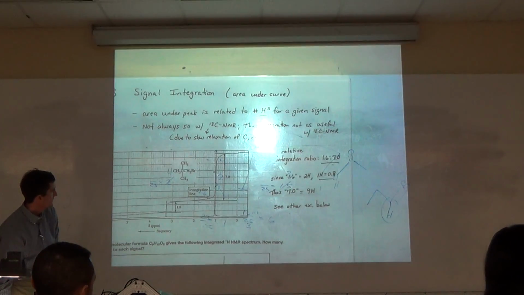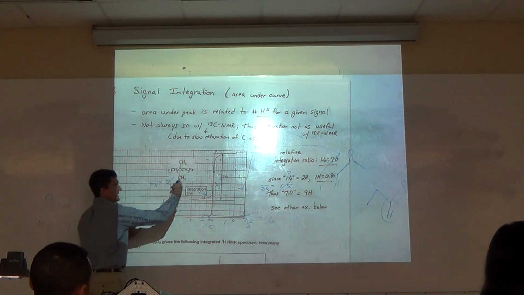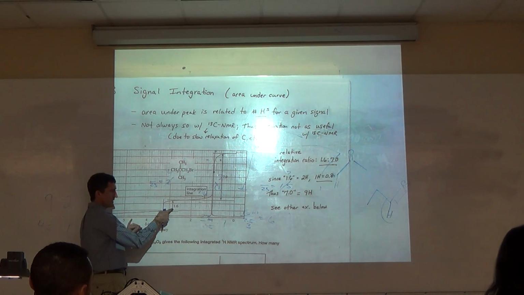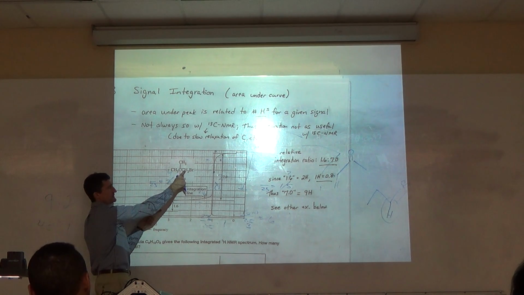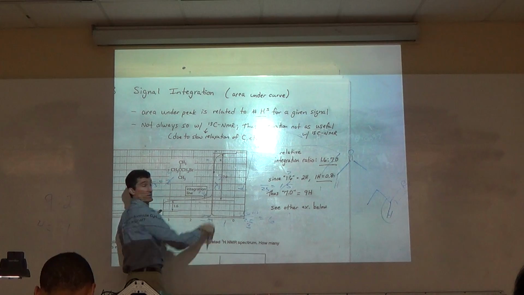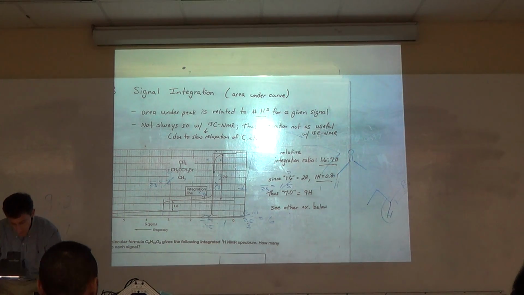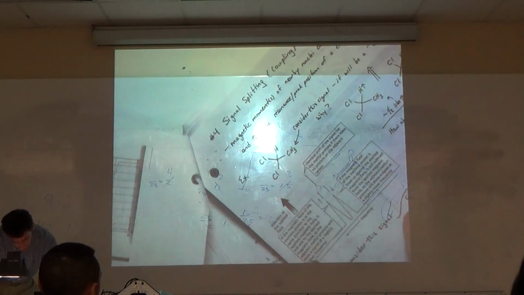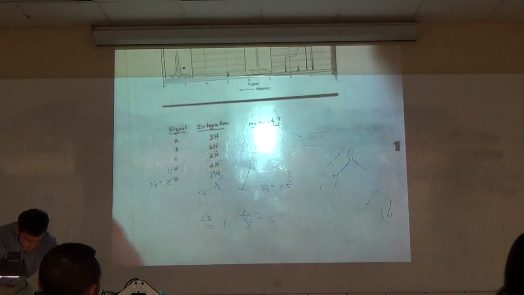But look at this. Even if you didn't know peak placement, since this is a lower integrating signal, that tells you that it's this guy, because that signal is going to be higher integrated.